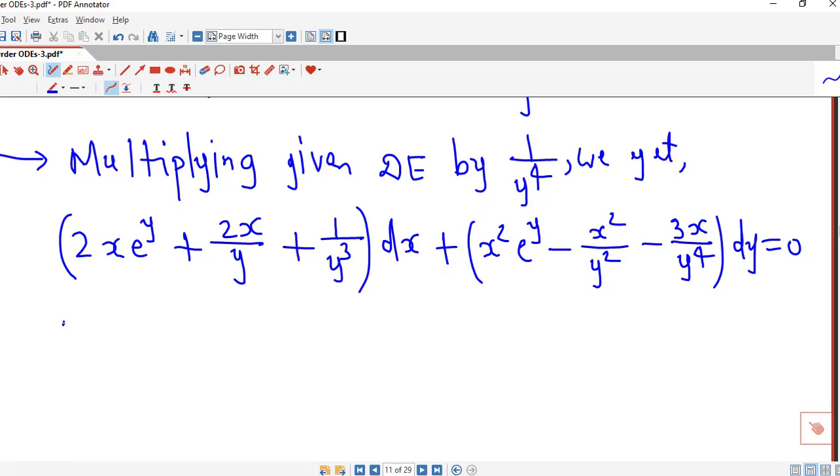So this is the equation which we obtain by multiplying the given equation by 1 over y raised to 4, and this will always be exact.